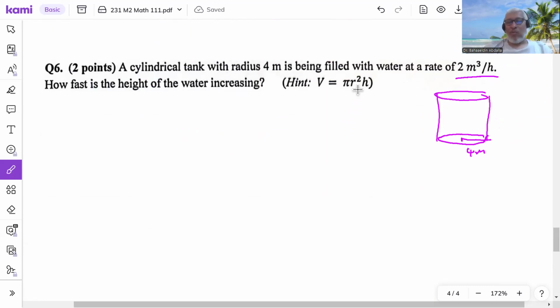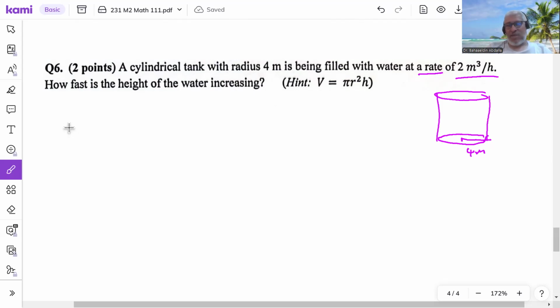So what is this? What is 2 meter cube per hour? Being filled with water at a rate. Rate, what is the meaning of rate?